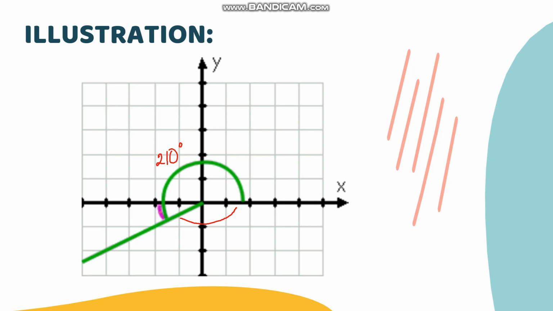Therefore, we will be considering this angle right here. Since this straight line here is already 180 degrees, to get this angle right here, we just have to subtract 180 from 210. Therefore, the reference angle of 210 degrees is 30 degrees.